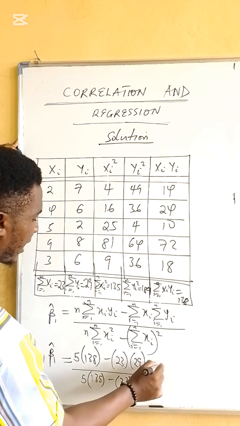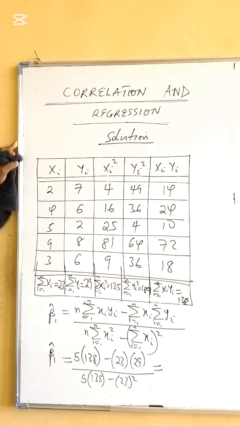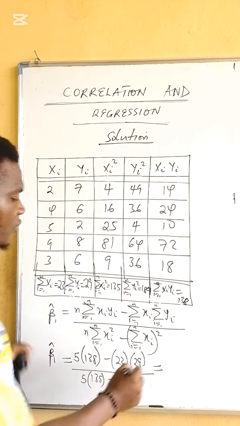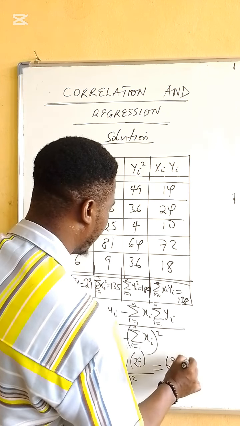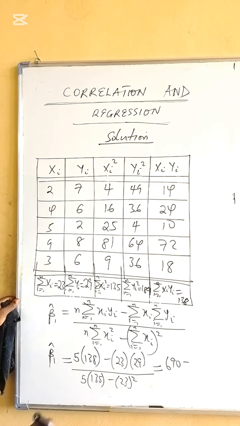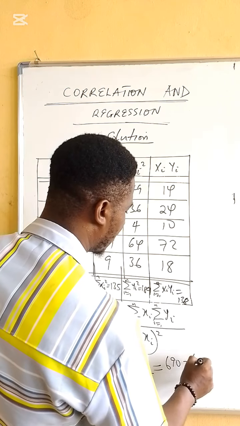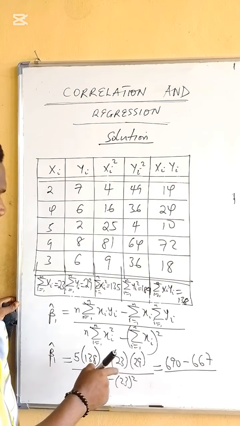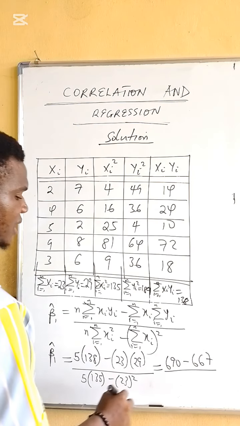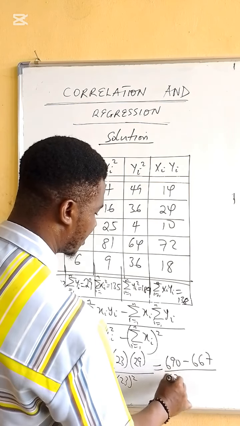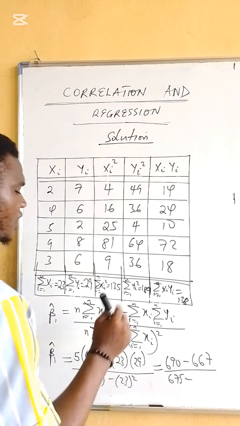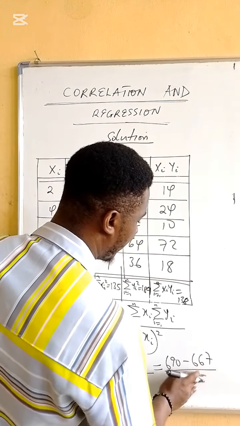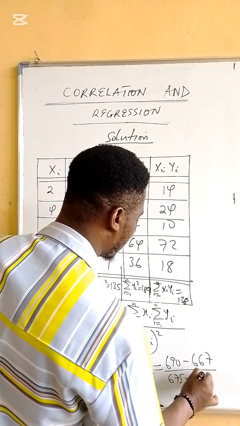So now, let's simplify. 5 times 138 will give you 690, minus 23 times 29, 667, all over 5 times 135, 675, minus 23 squared gives you what? 529.